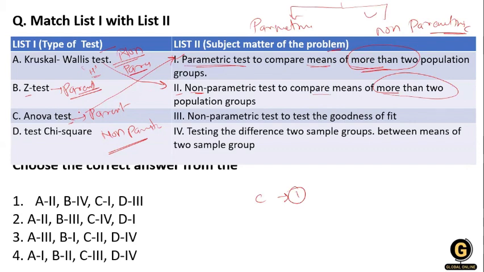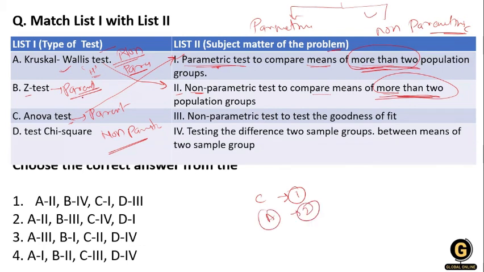The ANOVA counterpart in non-parametric is the Kruskal-Wallis test. Since the comparison is between more than 2 populations in both, A is matched with option 2.